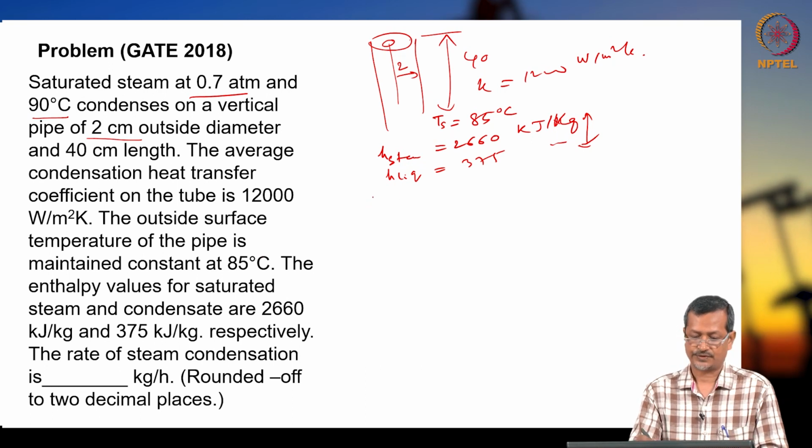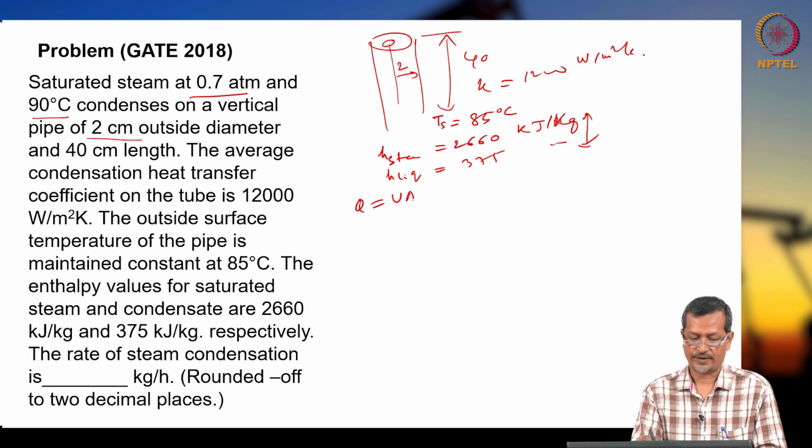Okay, so Q equals U A del T mean temperature difference.